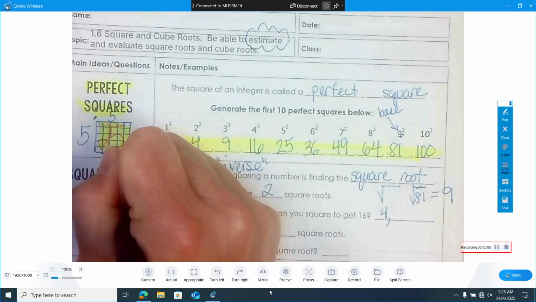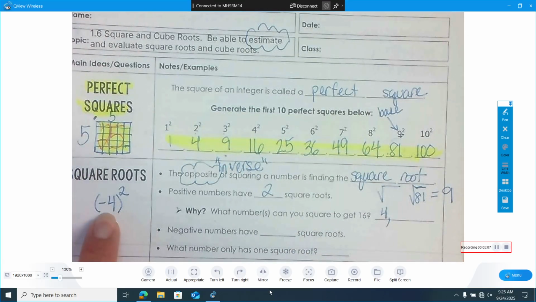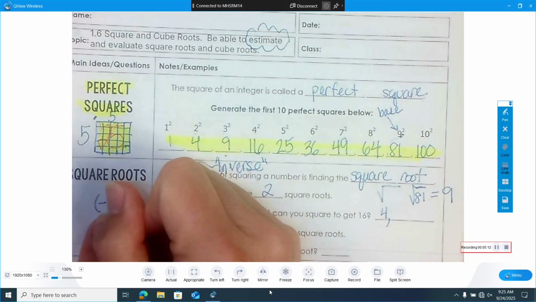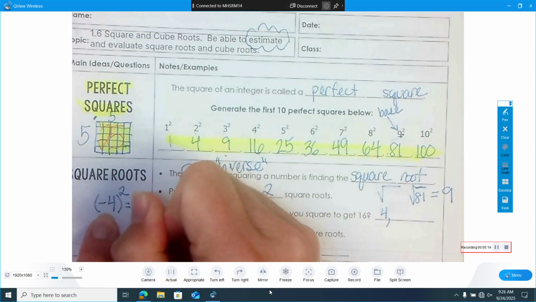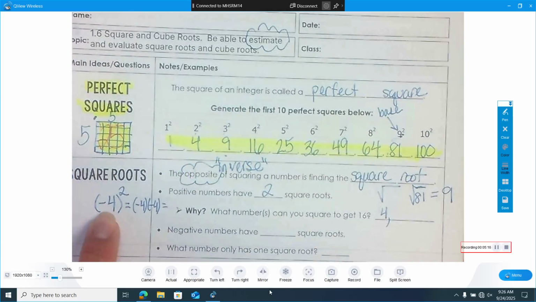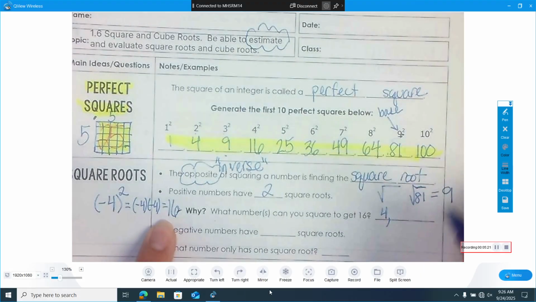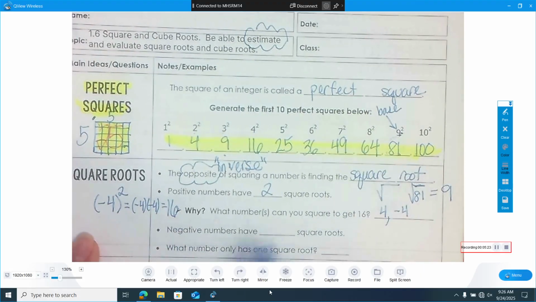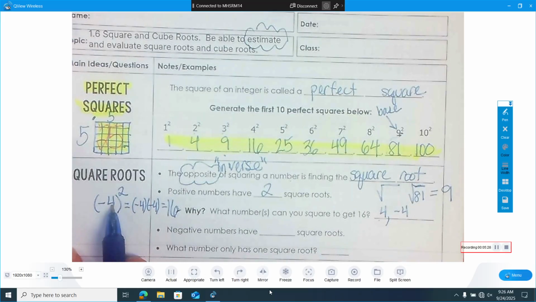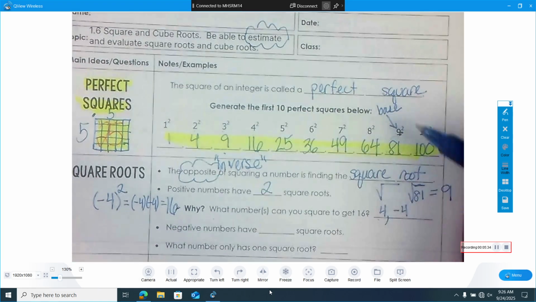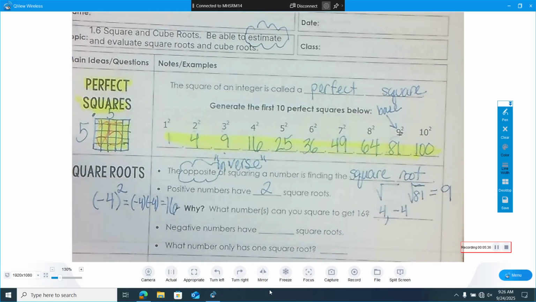What if we square negative 4? What does that mean? Negative 4 quantity squared. Is it negative, or is it negative 4 times negative 4, which equals positive 16? So it turns out that 4, but also if I take the whole of negative 4 and square the whole entire thing, I can also get a positive 16. So there's actually two base numbers that give us that 16.